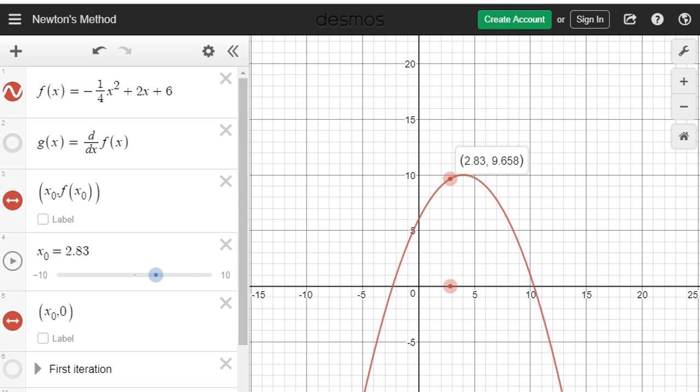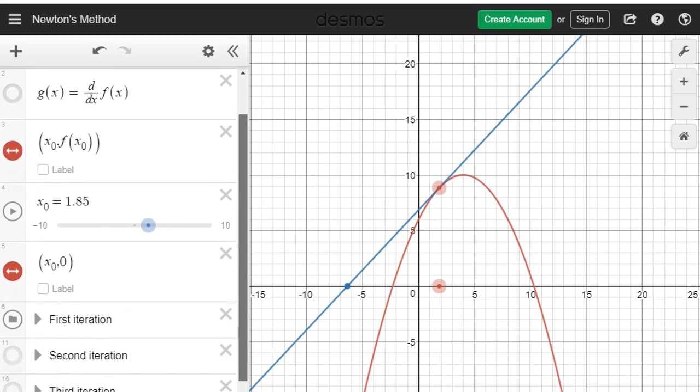If not, we'll get the wrong zero. So for example, if I guessed a point over here, I will end up approximating the zero that is between 10 and 11. But if I want to approximate the zero that's between -2 and -3, I just have to pick some point that's closer to that on the function, and then get its linearization.